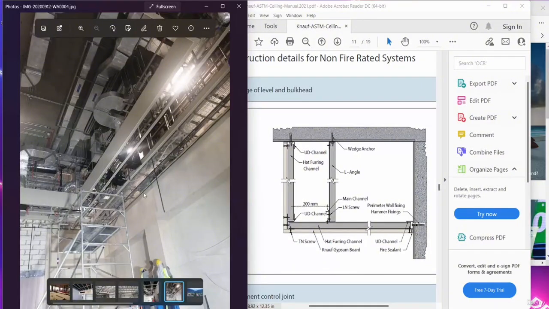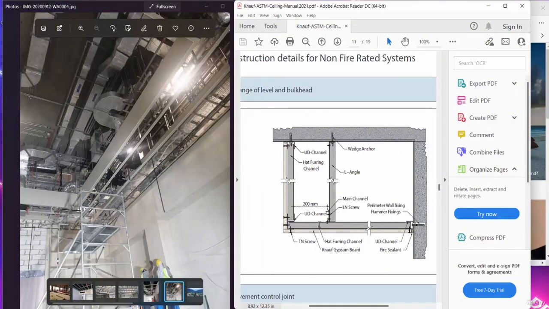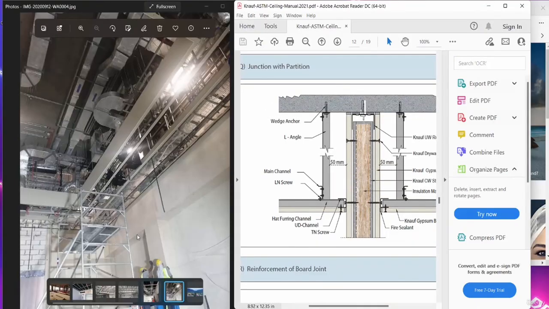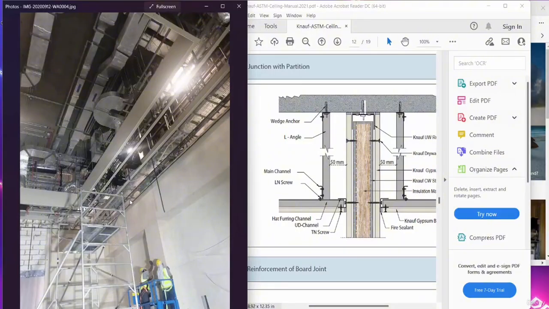Our level will be below these mechanical services, so that we don't see these mechanical fixtures from the downside or from the floor area. Wherever you see these vertical things, you always need to consider this as a bulkhead.